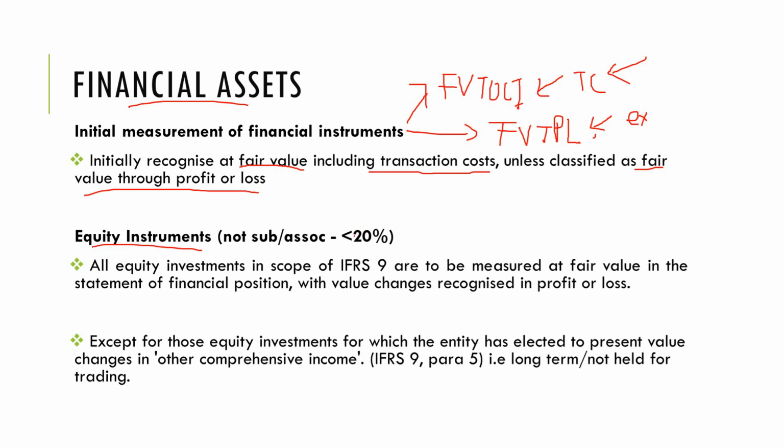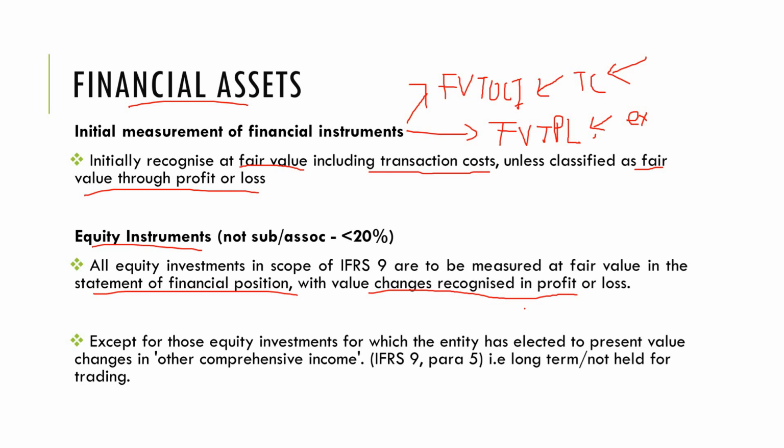So these represent equity instruments. All equity investments in this scope are to be measured at fair value in the statement of financial position with value changes recognized in the profit or loss.